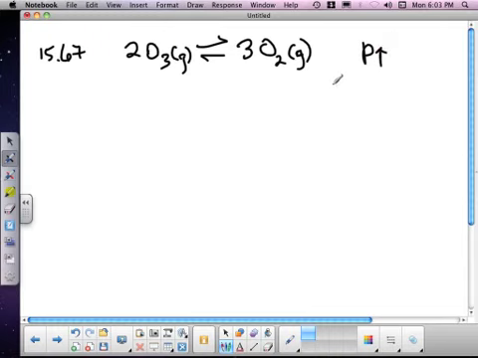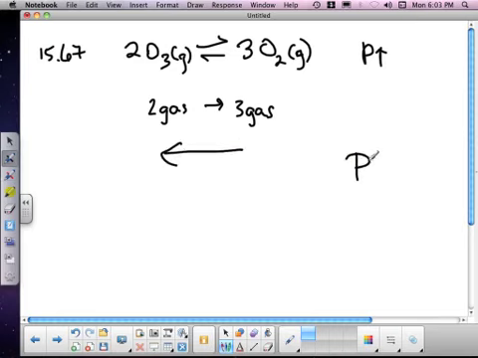And I see 2 gas goes to 3 gas. An increase in pressure means you have less room for particles. So you want to shift to the side that has fewer particles, so you would shift to the left. A decrease in pressure means you would shift to the side that had more particles, so you would shift to the right. If you had an equal number, then changes in pressure would not make a difference.